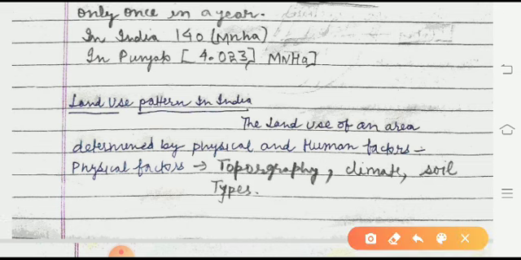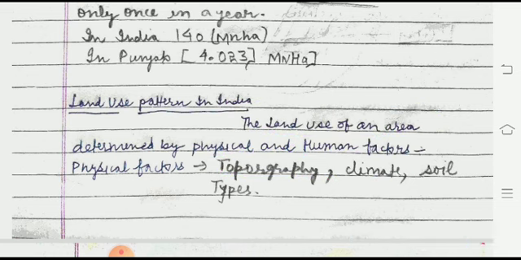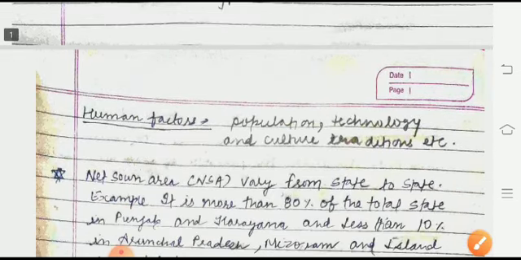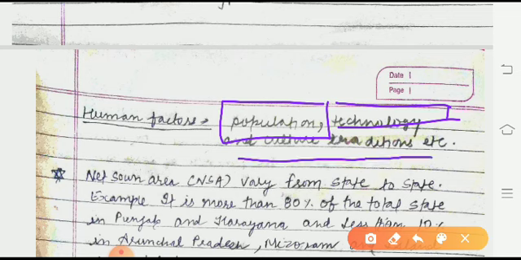So, land use pattern in India. The use of land can be determined by both physical as well as human factors. So in physical factors we include topography, meaning surface area, climate and soil. In human factors we are going to include population, technology as well as culture and tradition.